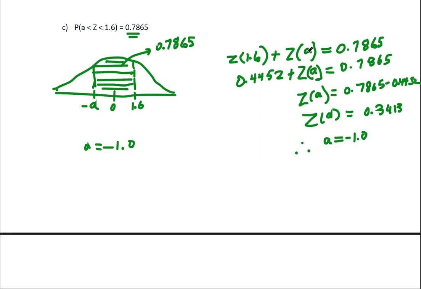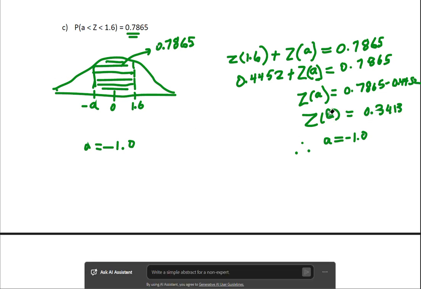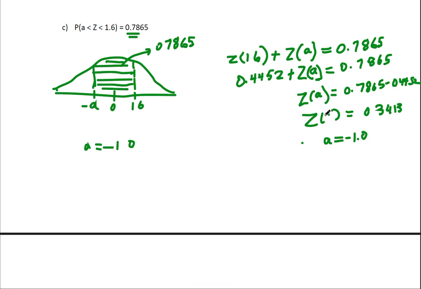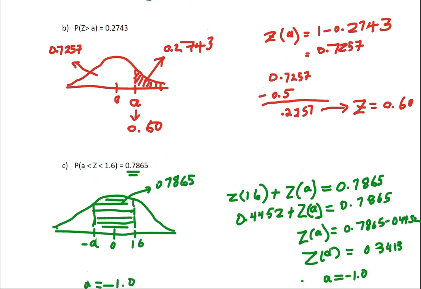But because we do not know what A is in this case, I set this out algebraically and transpose to get the probability that is associated with A, which is 0.3413 by transposition, and then we just search for 0.3413 from the standard normal curve. The z value that is associated with 0.3413 is 1, but since we know A is negative, the answer is obviously going to be negative 1.0, and that's the answer.